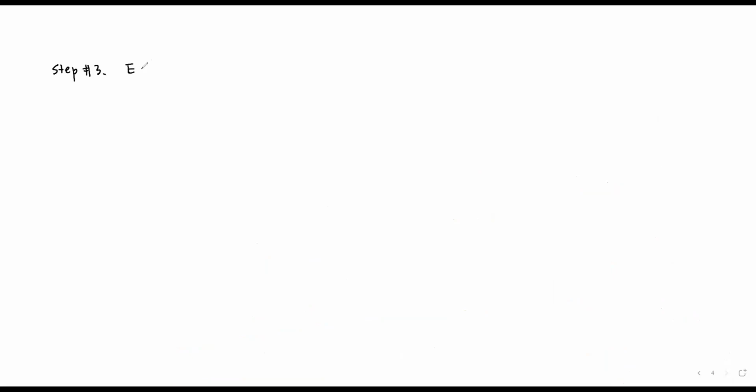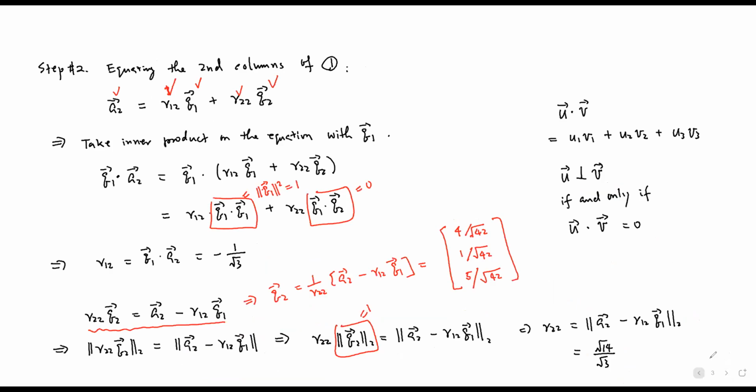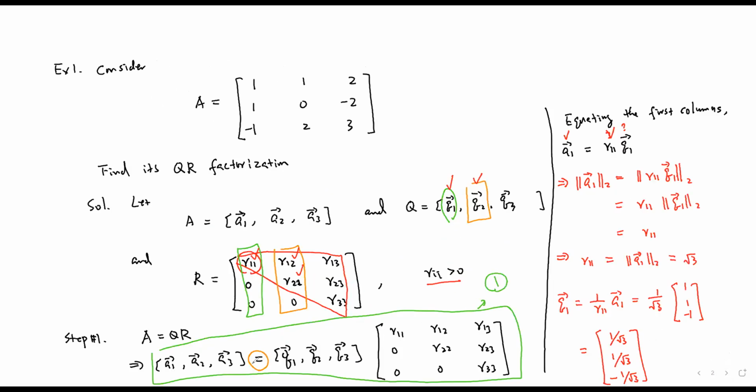Equating the third columns of equation 1 to get A3 is equal to, let me see. This is equation 1. The third column of the right side should be this number times Q1 plus this number times Q2 plus this number times Q3.